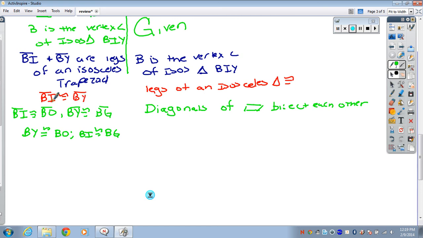If BI is congruent to BY and BY is congruent to BG, then BI is congruent to BG. Again, if BI is congruent to BO and BI is congruent to BY, we also know that BY is congruent to BO. So that's substitution.